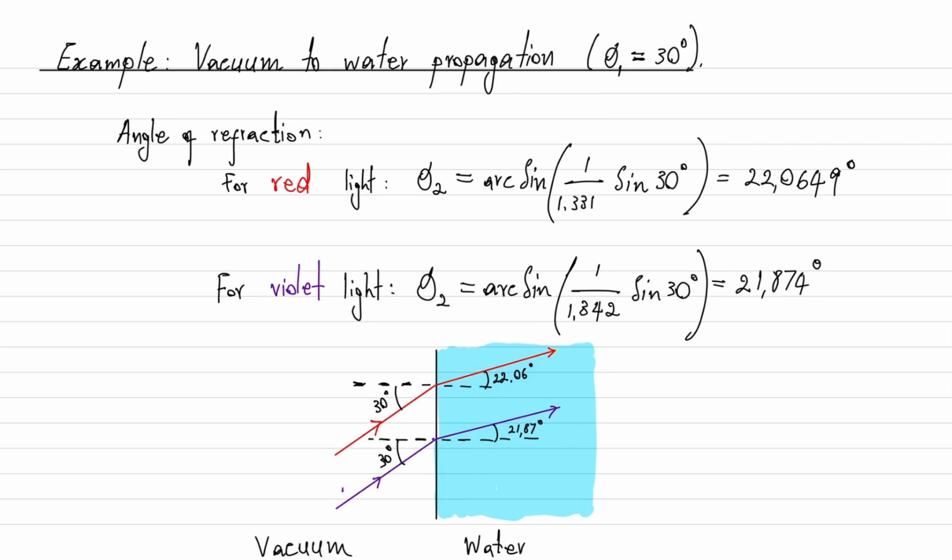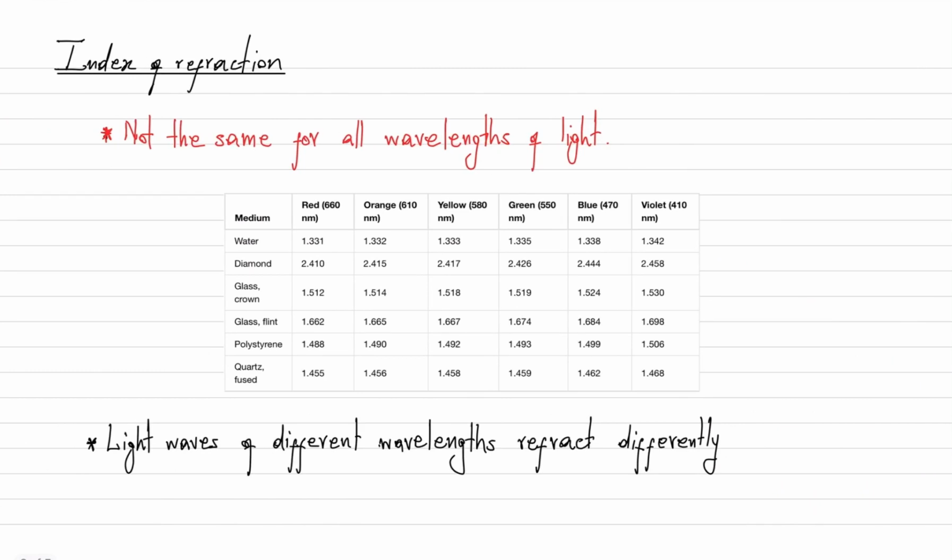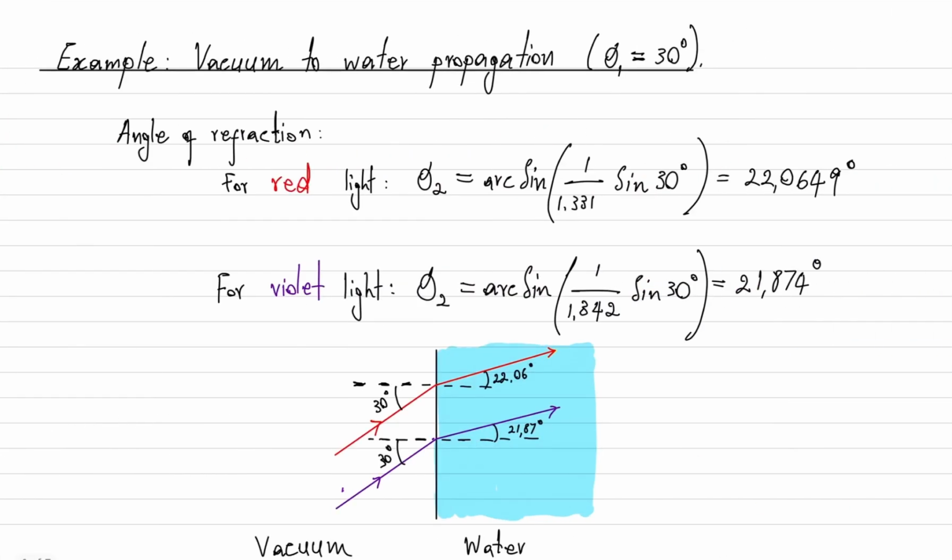Now, red light, when it gets refracted, that is, when it enters water, its index of refraction is 1.331. So its angle of refraction is going to be given by this.